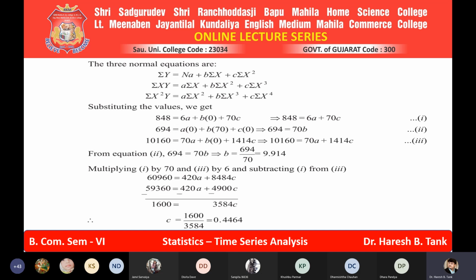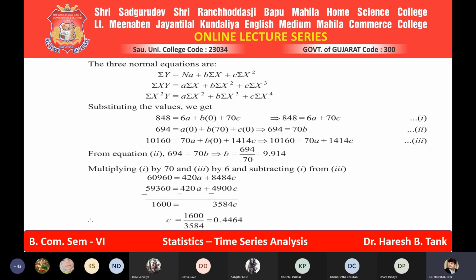Now you have already utilized equation number 2, so you will have equation number 1 and equation number 3, in which if you substitute summation of x as 0 and summation of x cubed as 0, both equations will be reduced to two variables and become linear equations.